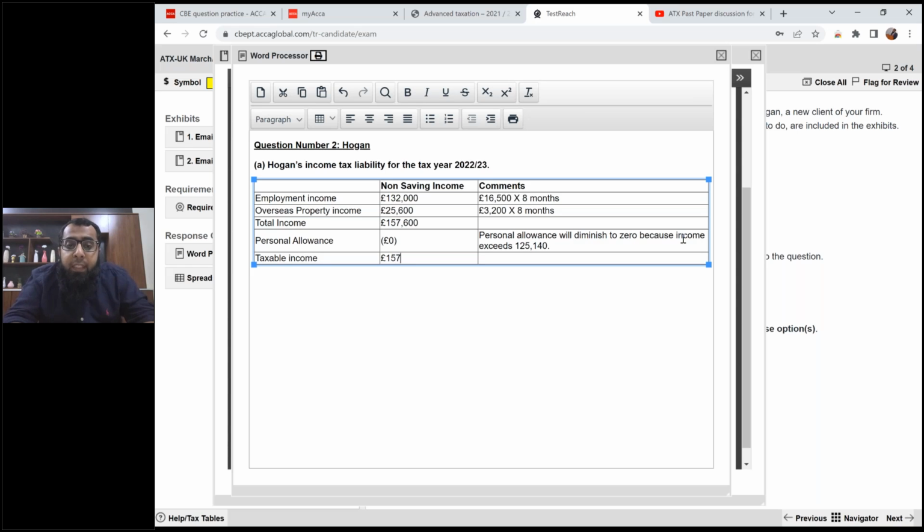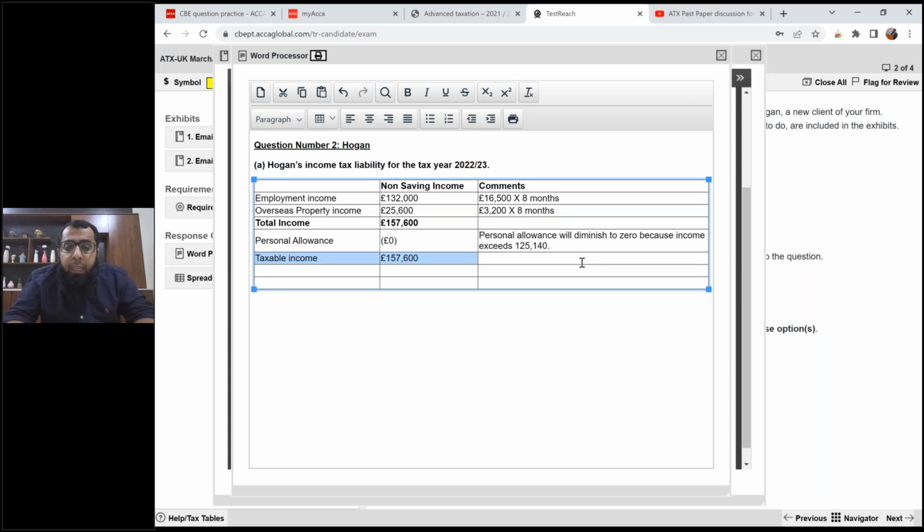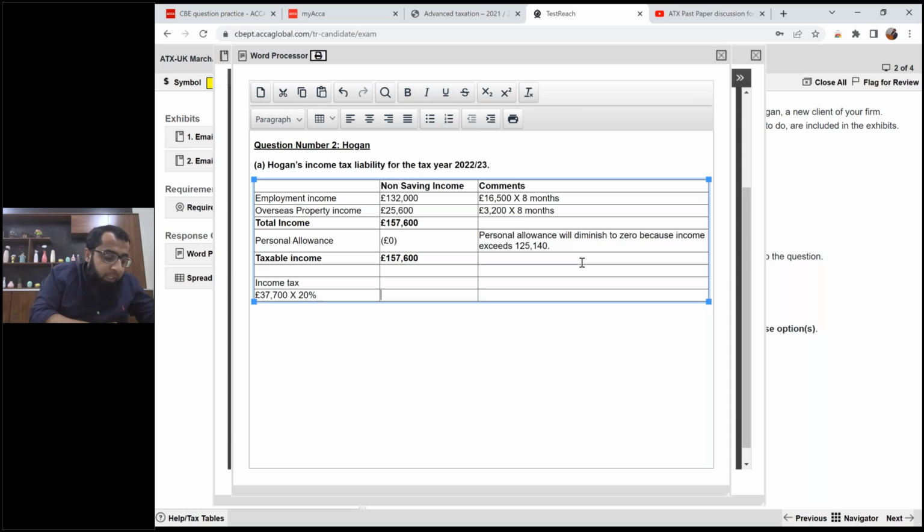So now your taxable income is 157,600. Okay, now let's apply the tax on it. Income tax. Now, you all know that your tax band is 37,700. You will apply 20% on it. 37,700 into 20%.